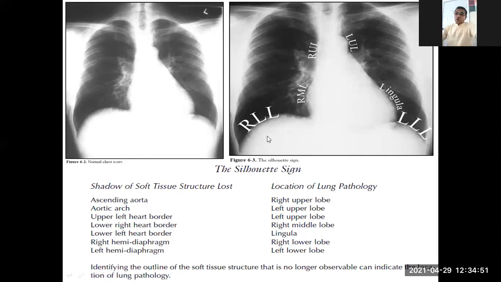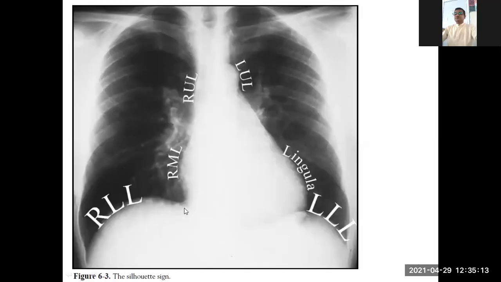In the lower border, see the right lower lobe, right middle lobe, right upper lobe. Here is the right atrium, this is the right ventricle, this is the left ventricle, and here is the left atrium. This is the aortic arch, the aortic notch. This is the hemidiaphragm, the right hemidiaphragm and the left hemidiaphragm.